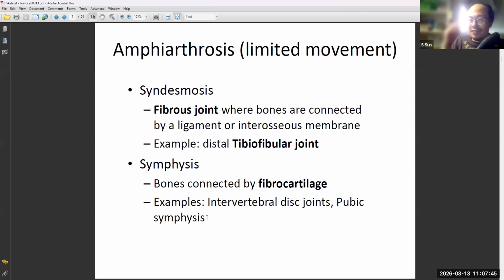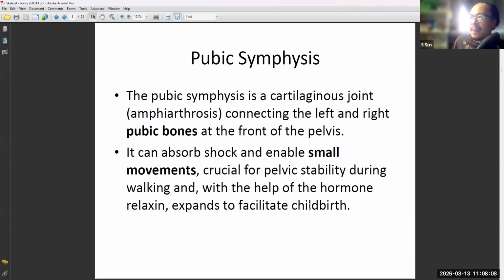So that's the second type, a little bit of movement. And we have two subtypes: syndesmosis, that is fibrous tissue, or symphysis, that is fibrous cartilage tissue. So that's that.